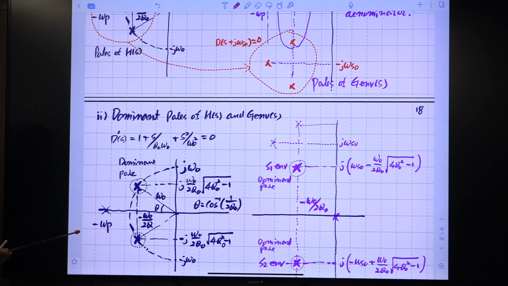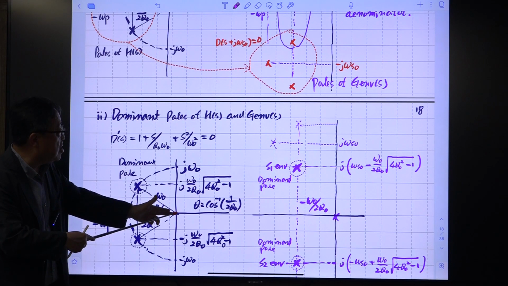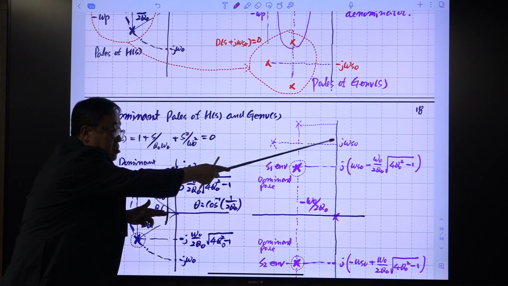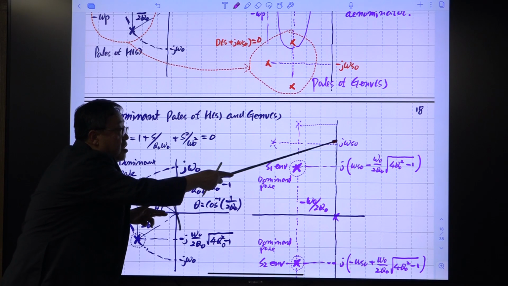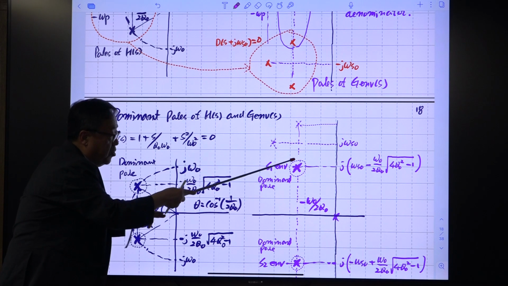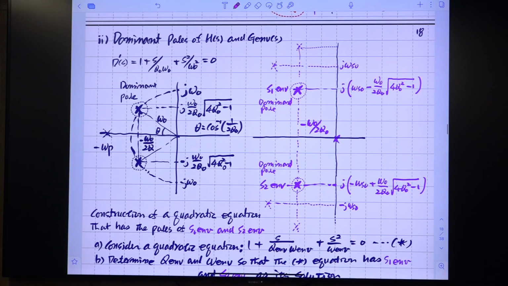The relationship is you have this, and you raise the imaginary axis by this much, and lower it by this much. Then it is the center frequency, and you have one pole here, another pole here. Same situation in the lower part of this figure. So you just take 2 of them as the dominant poles.